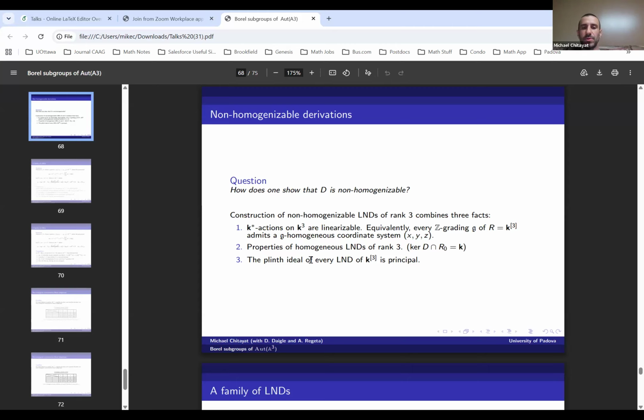You again use the fact that the plinth ideal is principal, and I think you use 1 and 3, but you apply it to a commuting pair of, quote unquote, ugly enough rank 2 derivations. It's not a great example. I can send you the examples, no problem, and you can have a look. But it uses 1 and 3, and not 2.